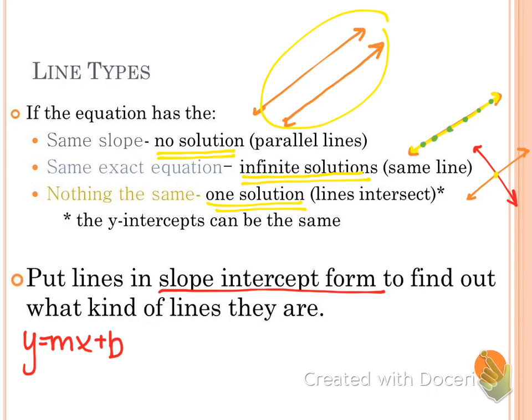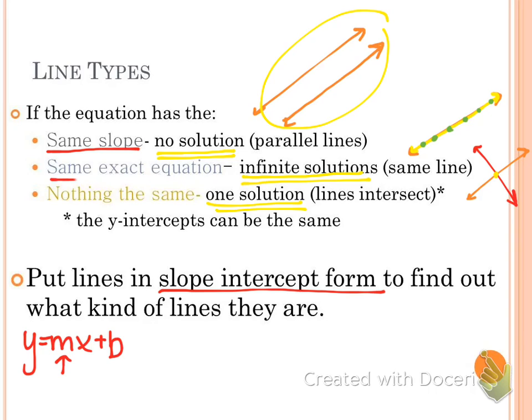Once I put them in y equals mx plus b, if I look at the equations and they have the same slope, meaning the same number in front of x, or the same m, then I know they're going to be parallel lines, and they will have absolutely no solutions. Let me give you an example of parallel lines.